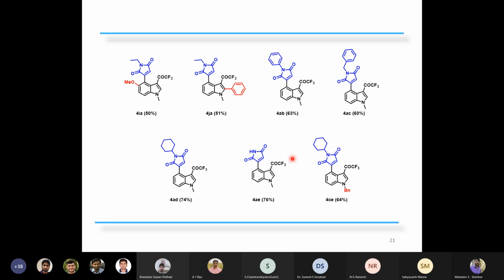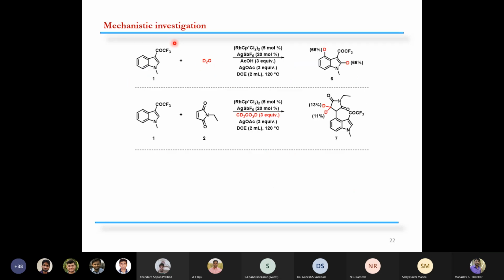good. After finishing the substrate scope, we went further to some control experiments which help to design the mechanism. So in the first reaction, instead of maleimide, we used deuterium as a coupling partner, and we observed that deuterium was incorporated at the C2 and C4 positions of indole by 66%. So this reaction indicates that the CH activation step may be a reversible step.